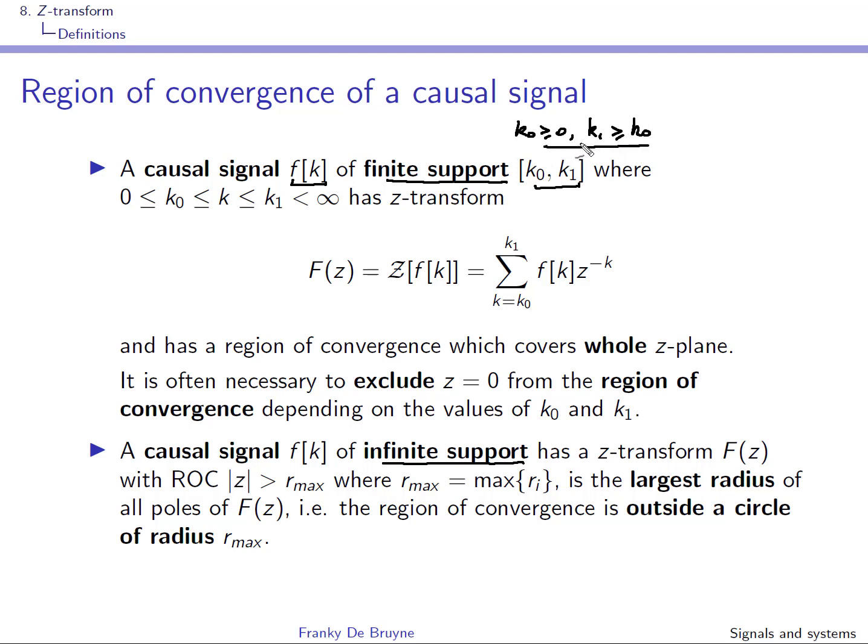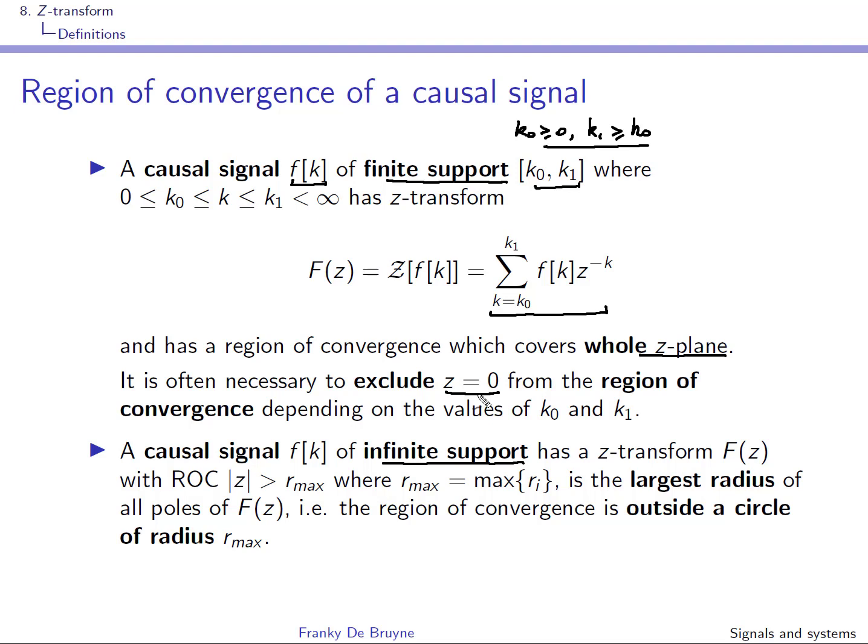So if k0 and k1 meet this condition, there is no reason to expect problems in the convergence of this sum, since you have a finite amount of terms, right? So the region of convergence will cover the whole z-plane, but in most cases we'll have to exclude z equal to 0 from the region of convergence.